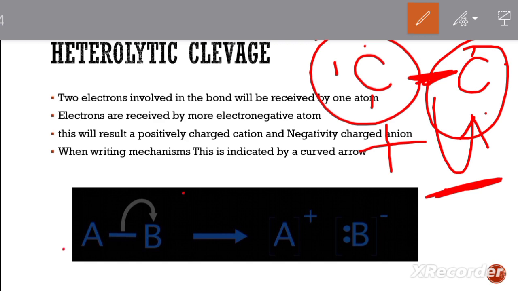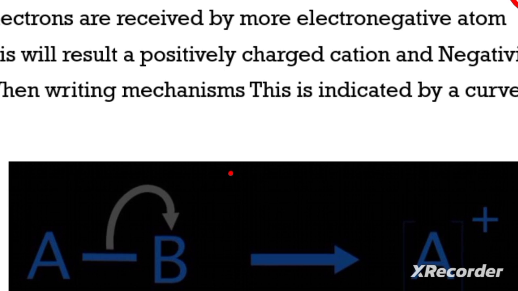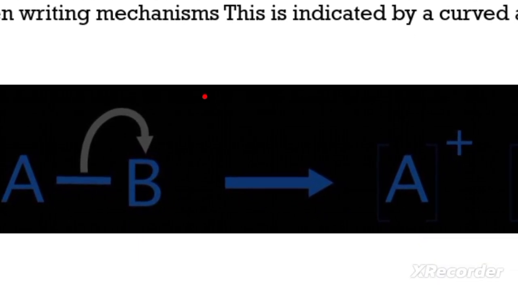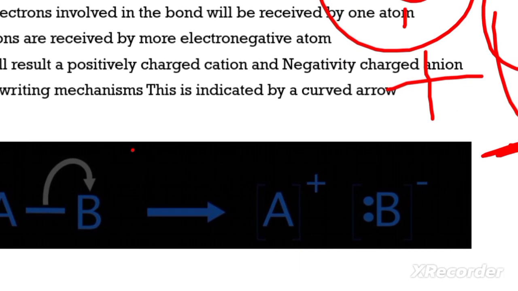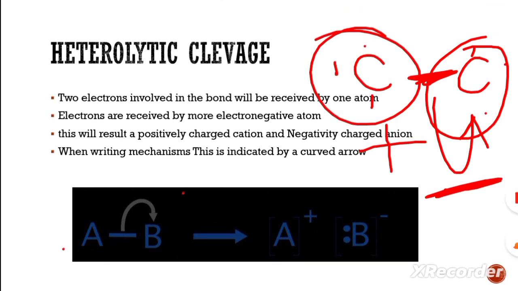You can see it in this diagram. A curved arrow is used to represent the cleavage in mechanisms. The curved arrow demonstrates the atom receiving the 2 electrons.